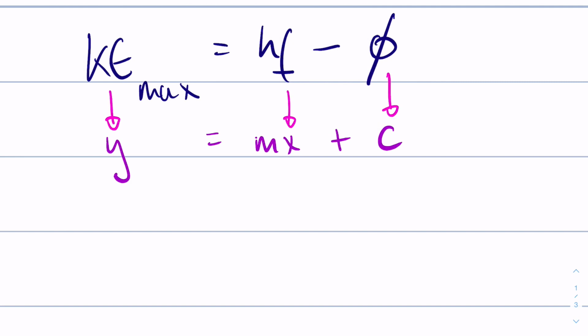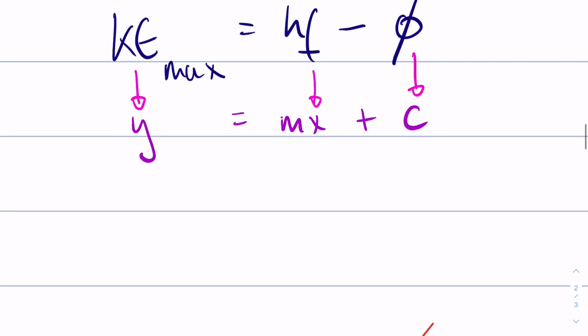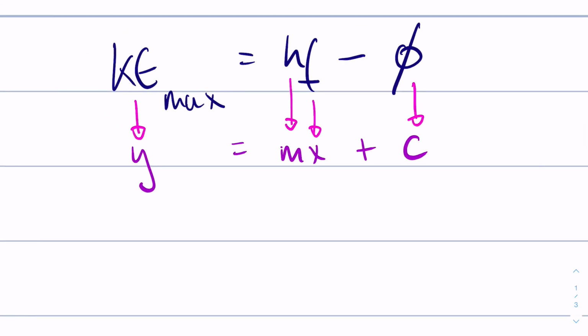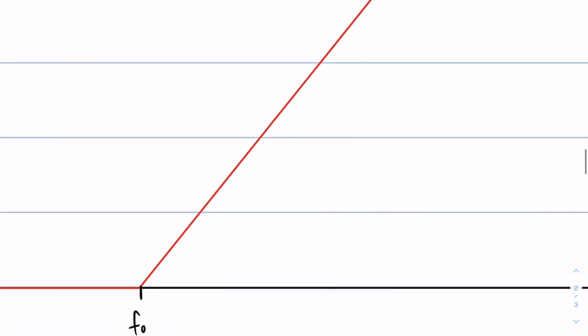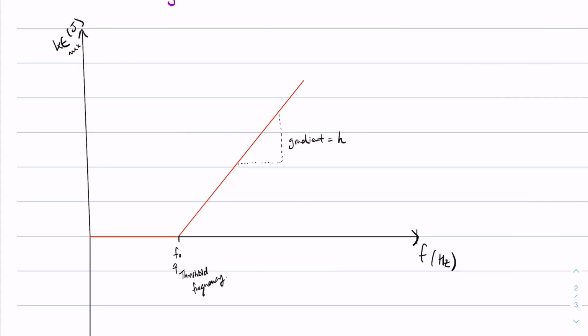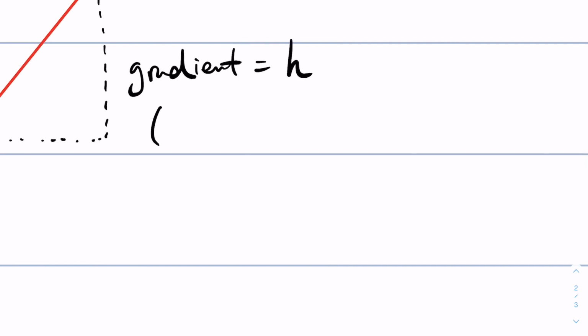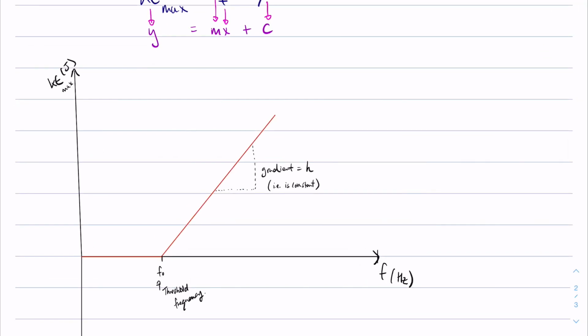Phi is my plus c, although it's negative. And my h is my gradient. So the gradient will equal h, the Planck constant, and this gradient will always be constant because the gradient will always be h.